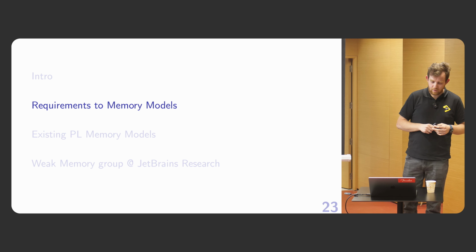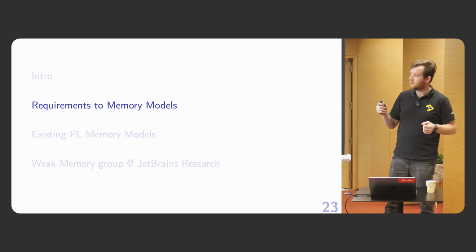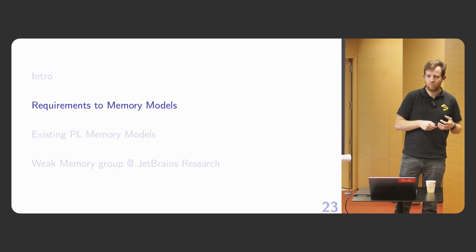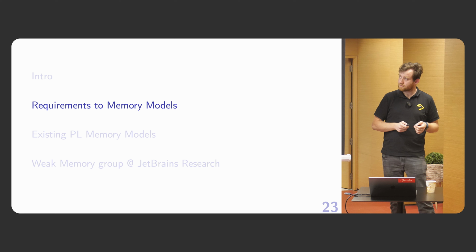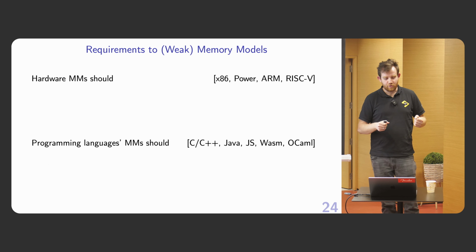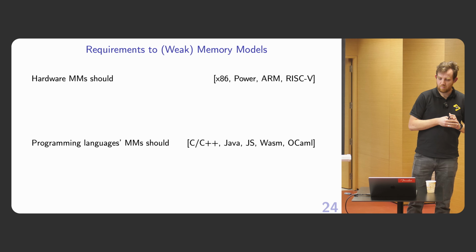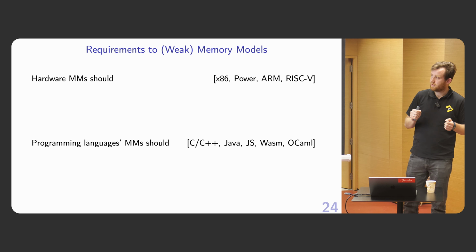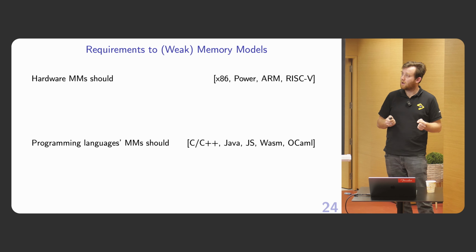So now I want to get to the second section of the talk and talk about the requirements which we impose on memory models. And actually, I prefer to divide memory models into two groups when I speak about requirements: hardware and programming language memory models.